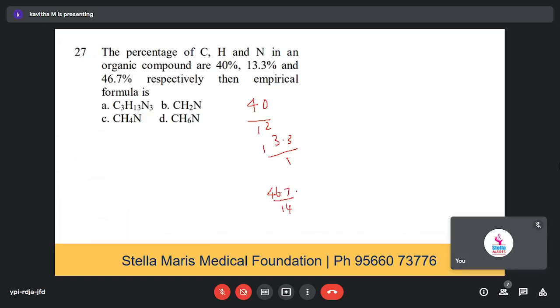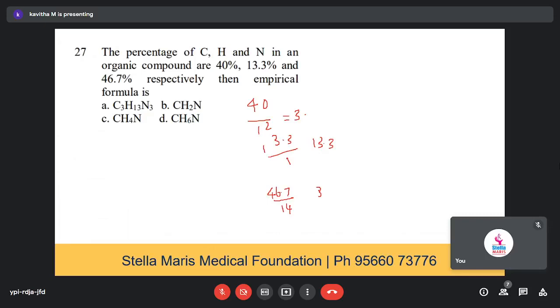Okay, ma'am. Here approximately it is 3 point something we will be getting. Here it is 13.3, and here also you'll have 3.3, again in the range of 3. So next you have to divide by the lowest number, right?